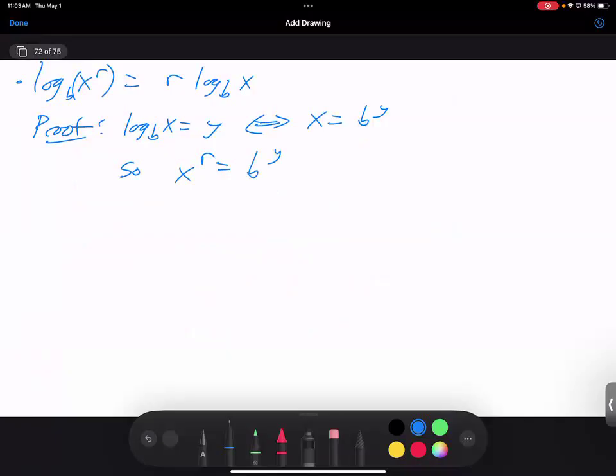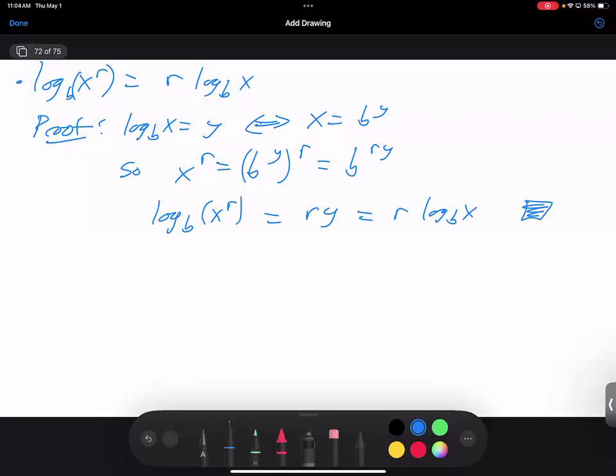That'd be b to the y, to the r. But what is b to the y to the r? B to the yr. Or b to the ry. I want to write it as ry. It doesn't really matter. And now, if I take the log of both sides, the log base b of x to the r is going to be r times y, but y is just the log base b of x. And there's the proof.